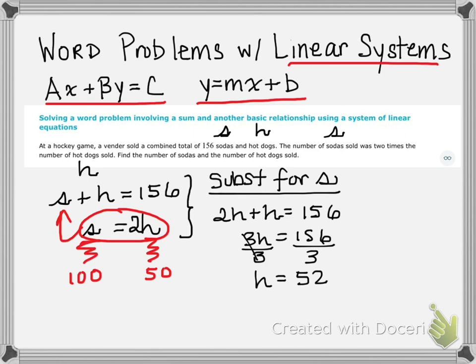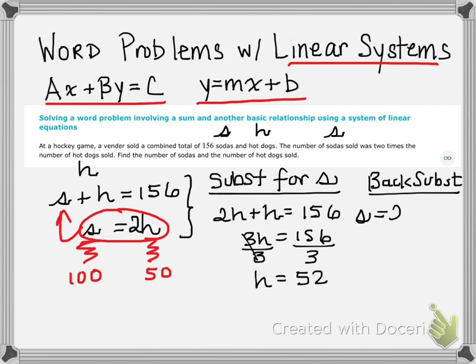Then once we solve for one variable, we back substitute. That's an abbreviation for back substitute, which means we use the value that we have in either of the previous equations to find the other variable. So it looks simplest to plug it into the second equation.